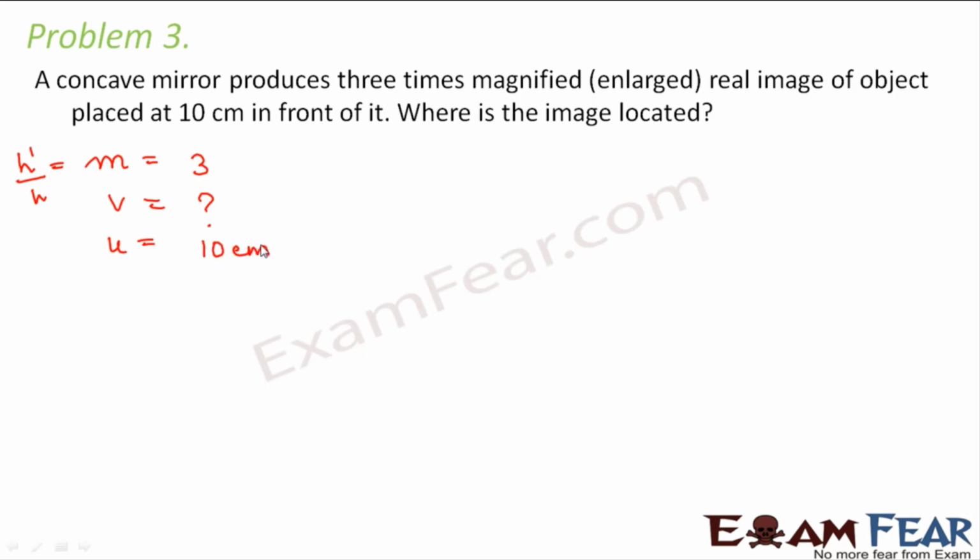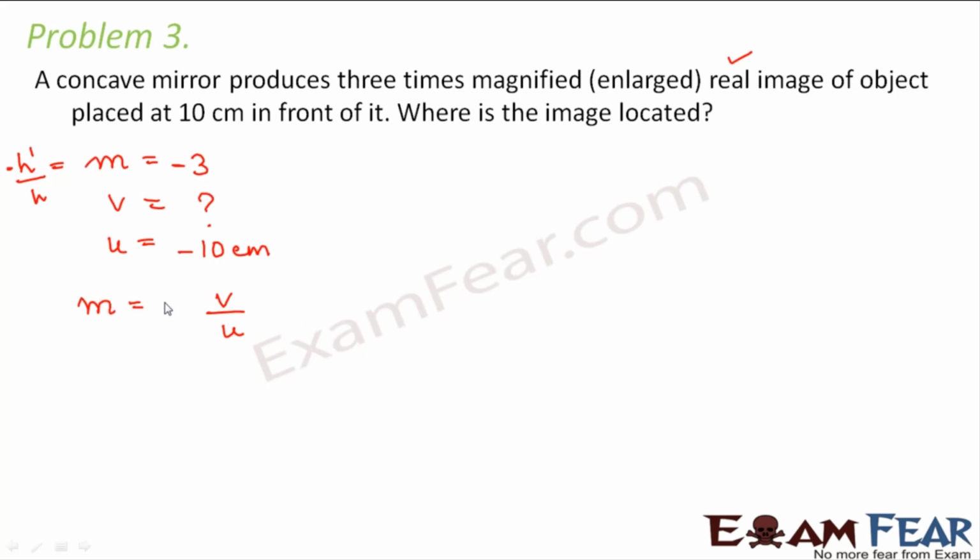Now the object is always placed on the left hand side of the pole, so it would be negative, right? From the definition of magnification, magnification is equal to the image distance divided by the object distance. Here it says that it produces a real image. The real image is always inverted, so your magnification should be negative because h dash will be negative, right? So this magnification becomes minus 3.